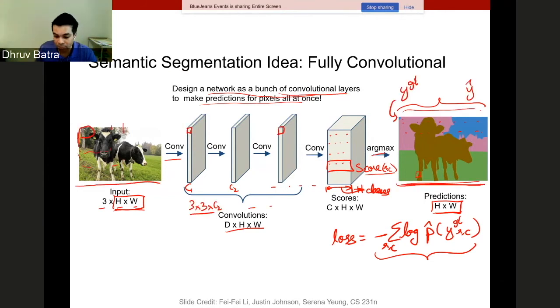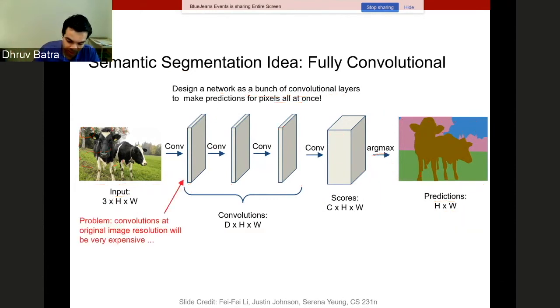So the biggest problem with this sort of architecture is that it is computationally very slow, and in order to gain sufficient resolution to have receptive fields that are large enough, you will need to make this deep enough, and as soon as you do that, you would end up having too many parameters. So the biggest thing is convolutions at the original image resolution are extremely expensive.